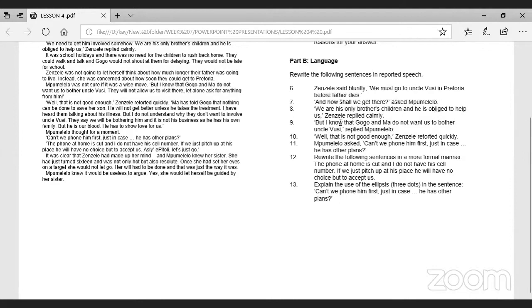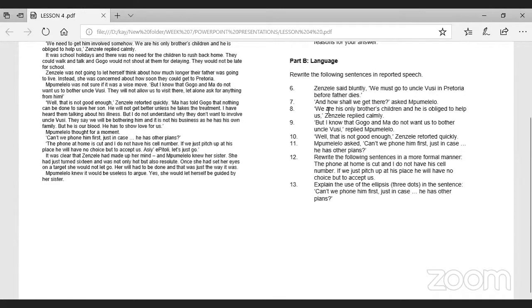Okay, let's move on to number 2. So with number 2, you would say, Mpumelelo asked how they should get there. Okay. And then for number 8, I hope, guys, you are marking yourselves as I'm reading out the answers.